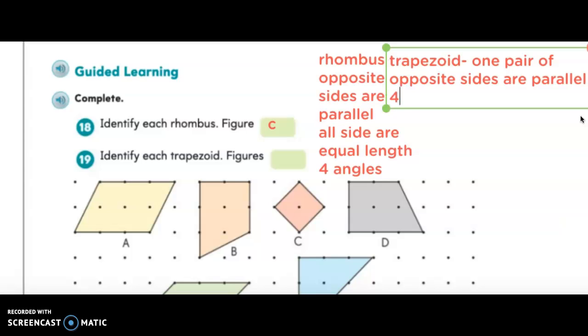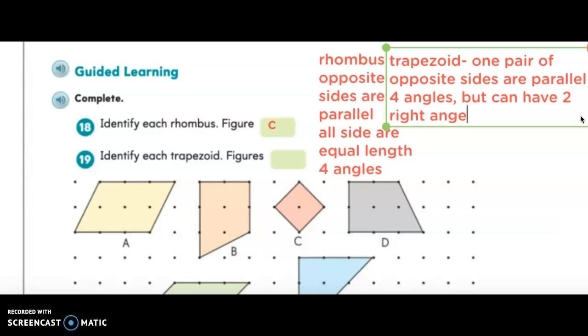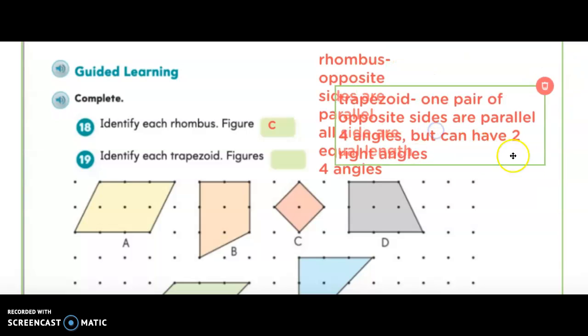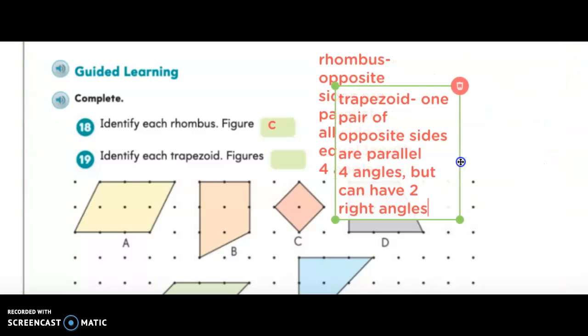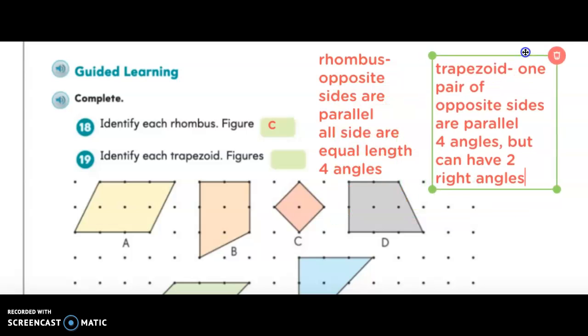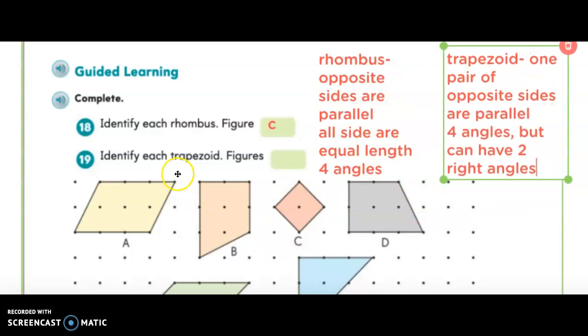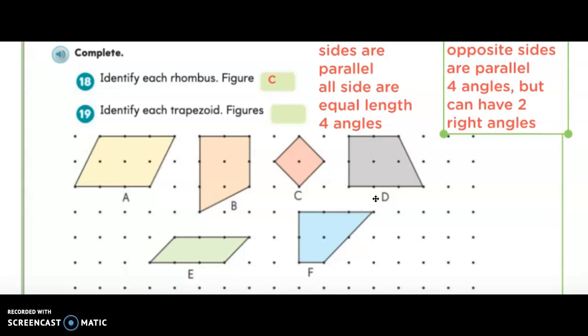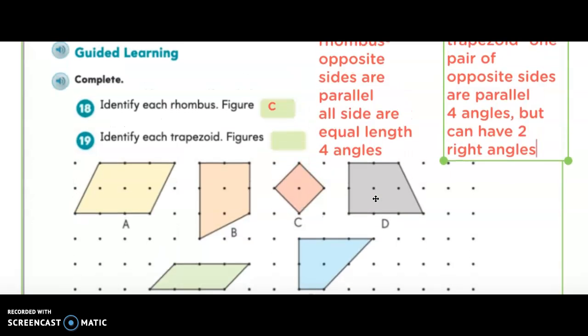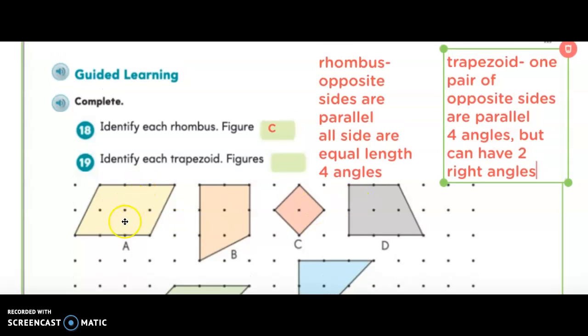And then there are four angles, but it can have two right angles. All right, so let's use this to help us. We need to look for opposite sides that are parallel, but it only has to be one set, okay?